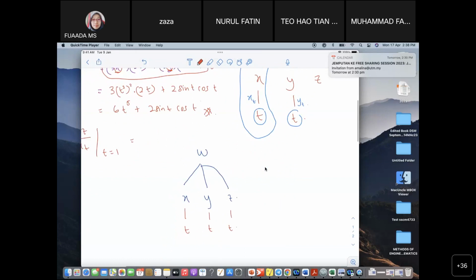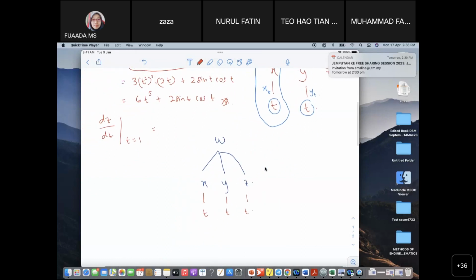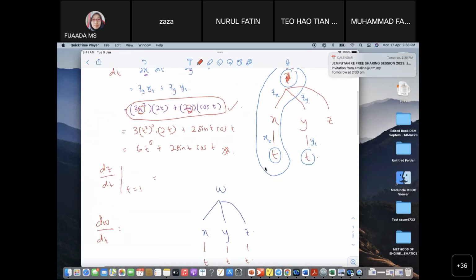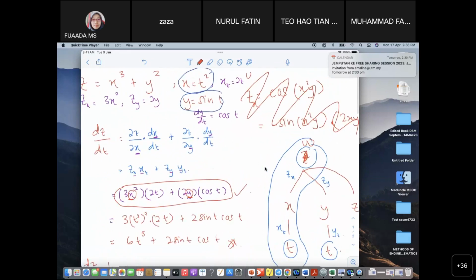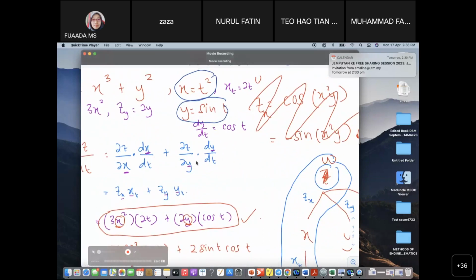Okay. So now the question asking you to get dw dt. So what is the chain rule that we have? So just now, if you have only 2 roots, you have only 2 terms. What if we have three? This is for 2 variable function, because under z there are x and y. But now, let's say you imagine we have 3 variable function, which is w. So, we should add one more term, isn't it? Betul tak?